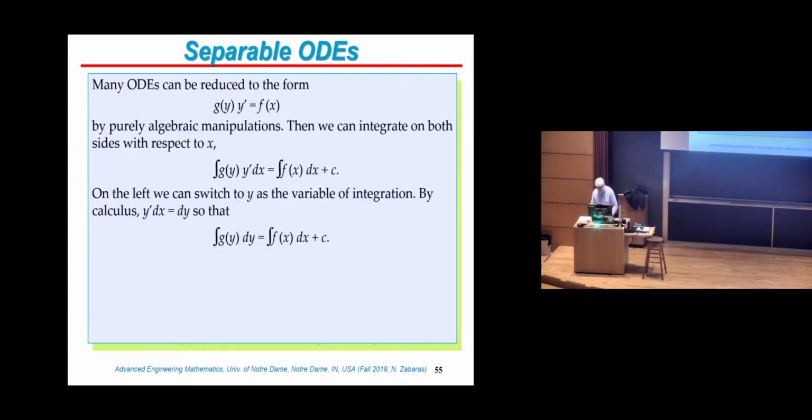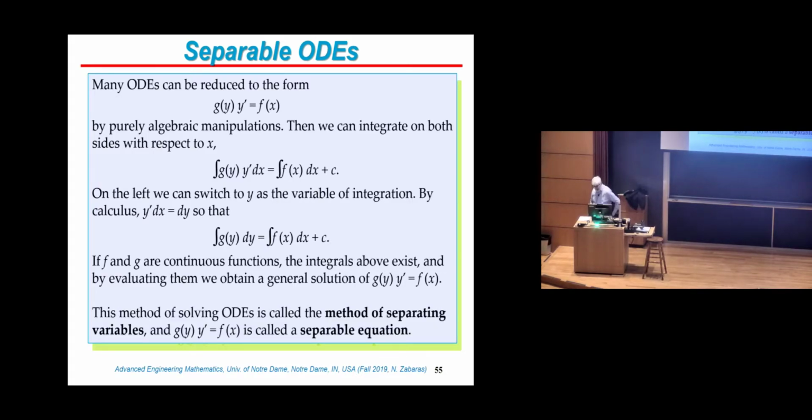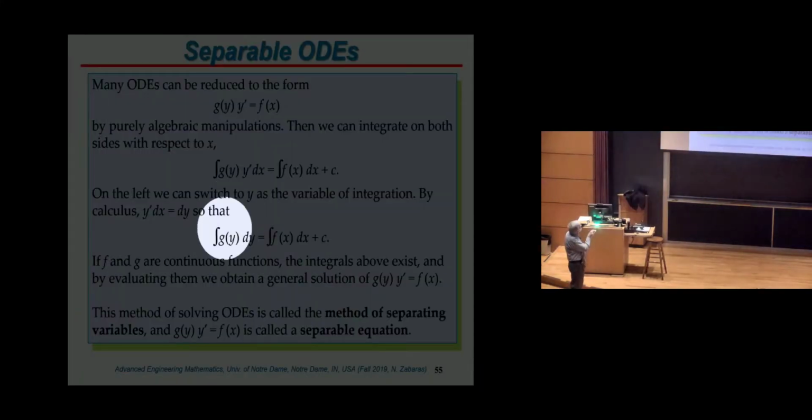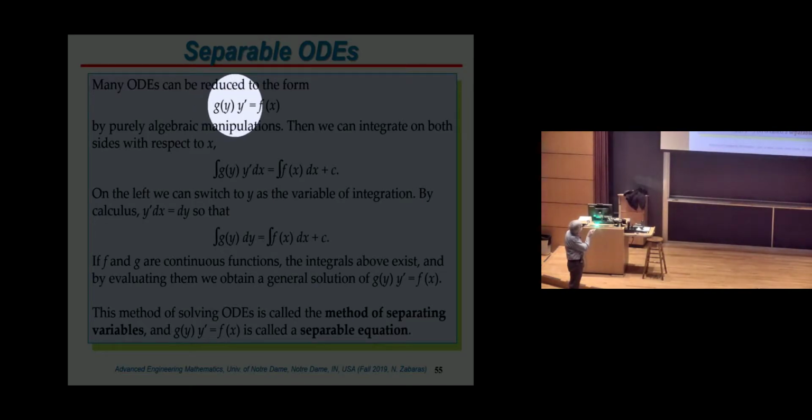I am not going to do anything specific to this slide, but if you look at the equation on the top, if you have an ordinary differential equation with some coefficient of y times y prime equal to f of x, you can immediately see that this equation is separable, because everything on the left is a function of y and everything on the right is a function of x.